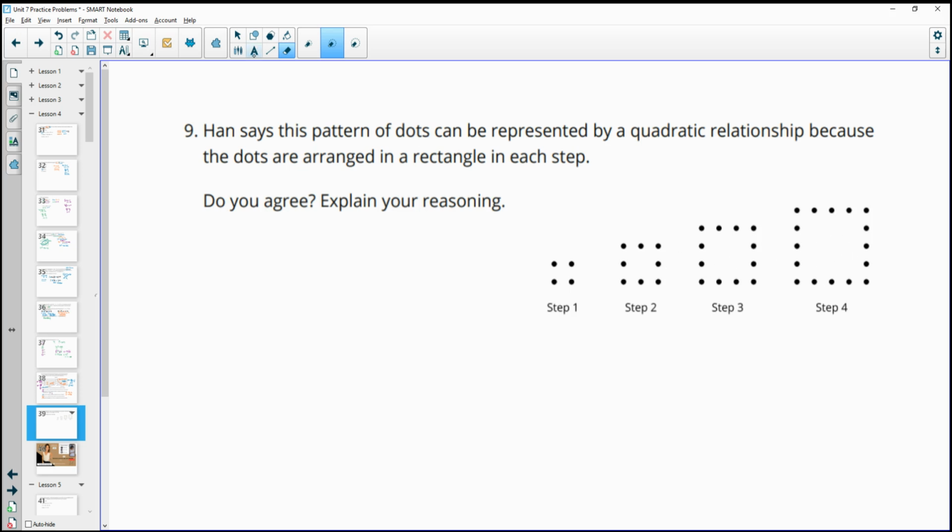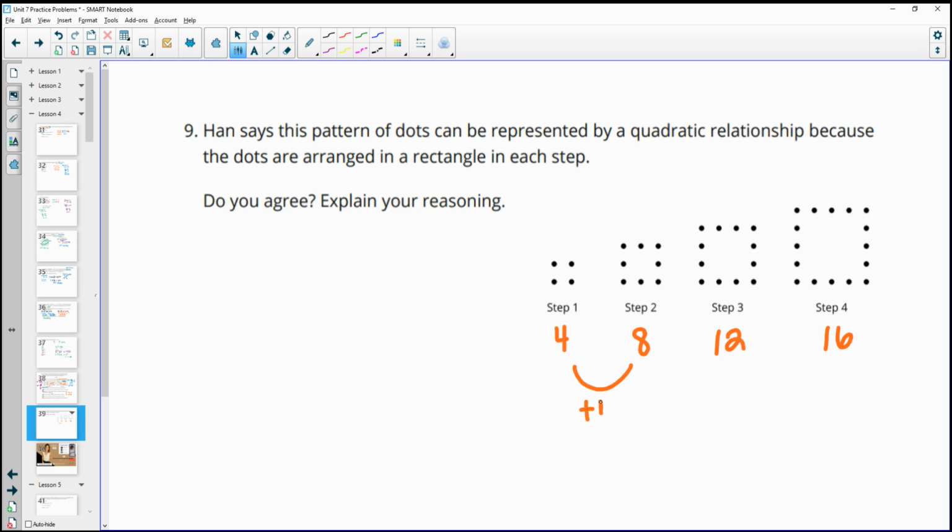So I understand what Han is saying, that he sees squares really here, which is what quadratics are. But if we took a look at how many dots are in each step, there's 4 dots in this one. If we count this up, there's 8 dots here. There are 12 dots here. And then there's 16 dots here.